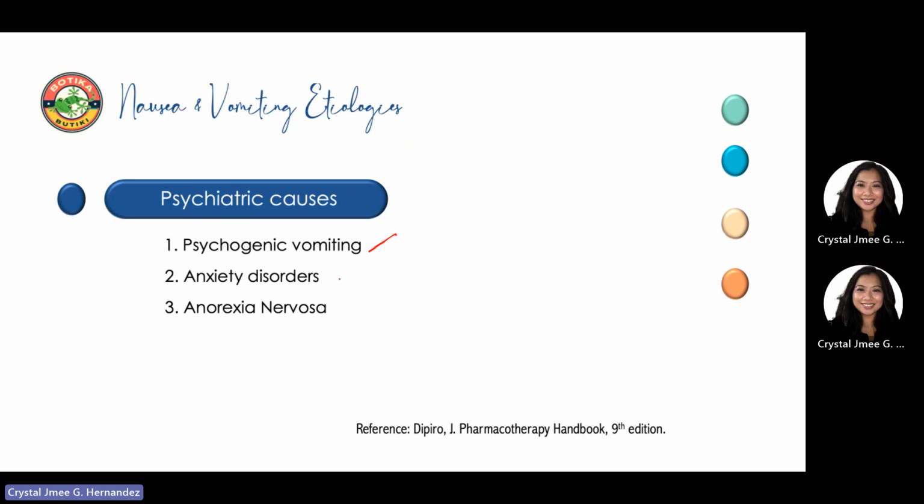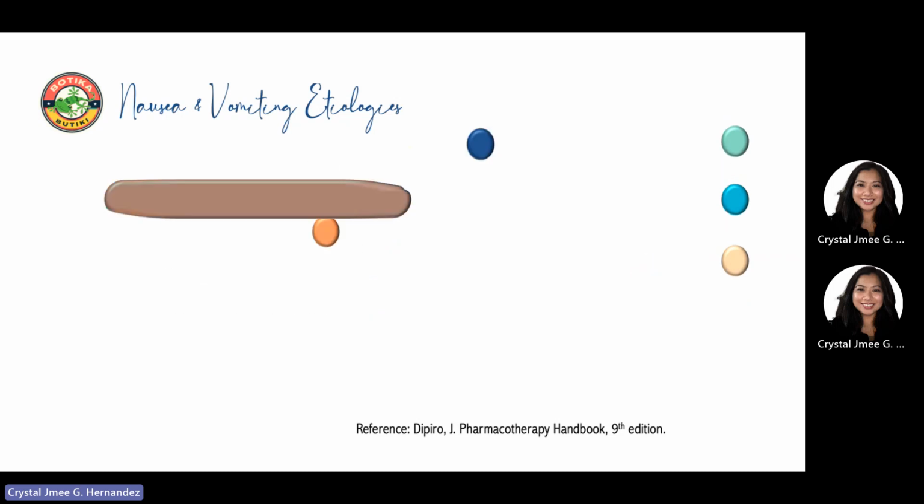We also have anxiety disorders, in the form of generalized anxiety disorder and panic disorder. We commonly see nausea and vomiting in panic disorder, and then phobia, and even separation anxiety. And then we also have anorexia nervosa and bulimia nervosa. These are eating disorders that have nausea and vomiting as manifestations.